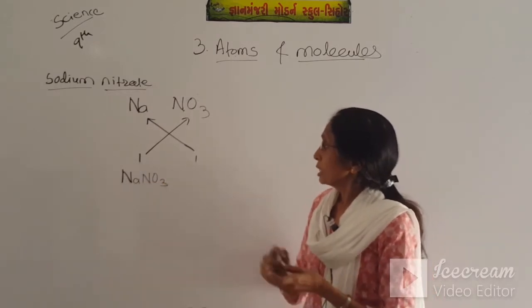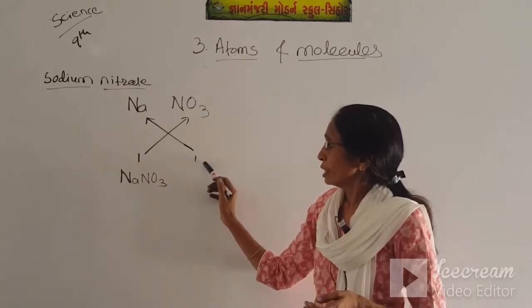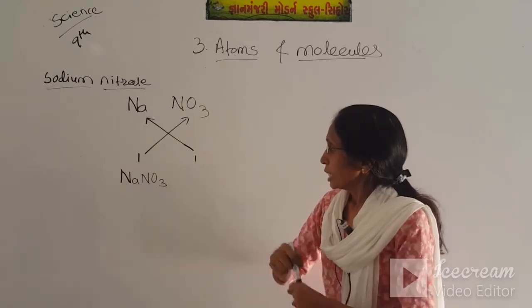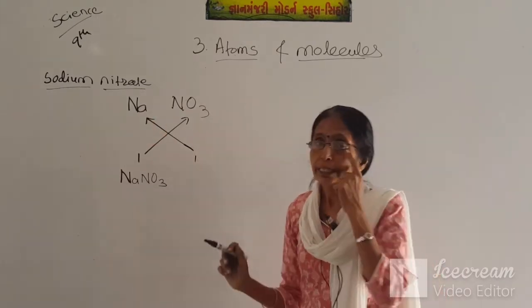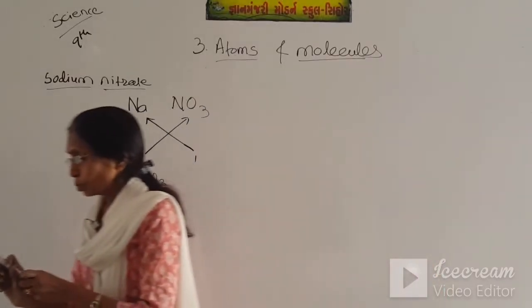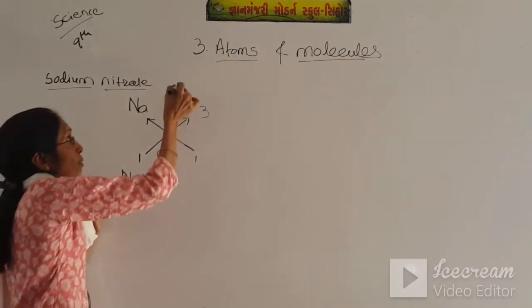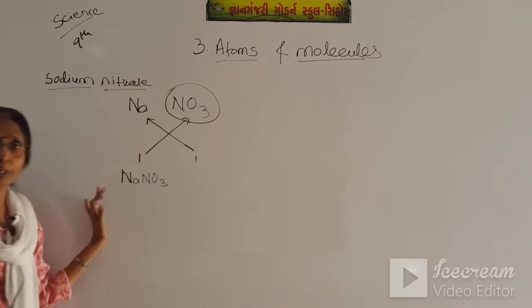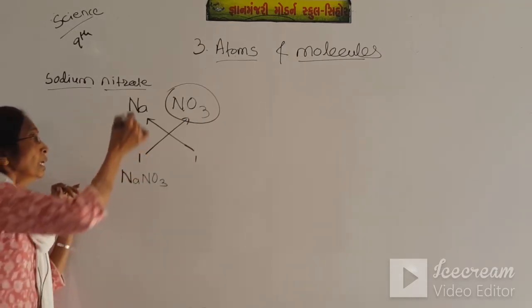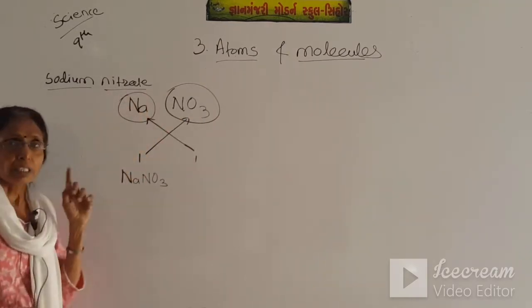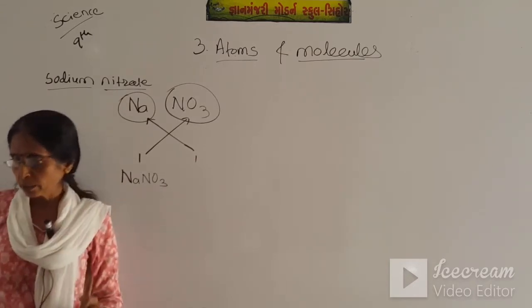So students, here the valency of Na is also 1. So NaNO3, this is sodium nitrate. This is how to write the molecular formula of a polyatomic compound. Here the atomicity of this group is 4. The atomicity of this is just 1 because there is only one atom.